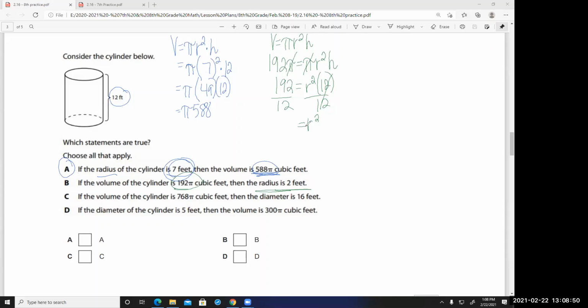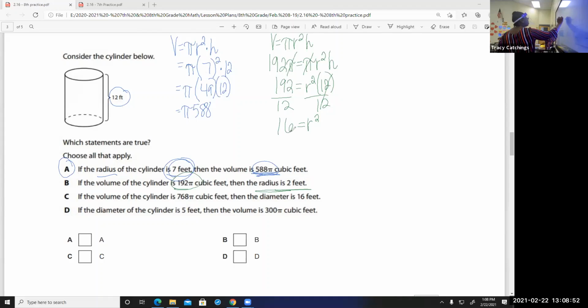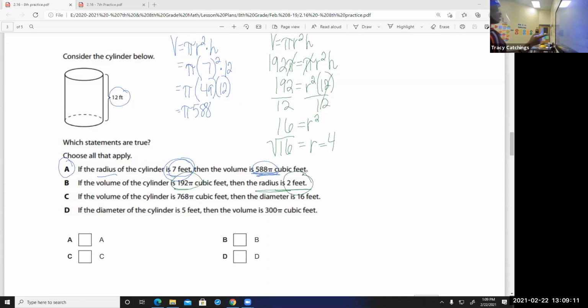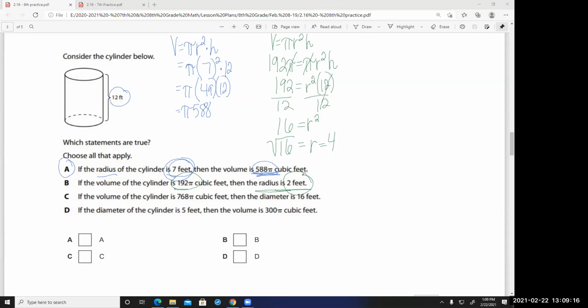We get 16. All right, how do we get r by itself? Right now, it's squared. That's where we take the square root. And what's the square root of 16? 256? Don't square root. All right, and they gave us 2, so that wouldn't work.